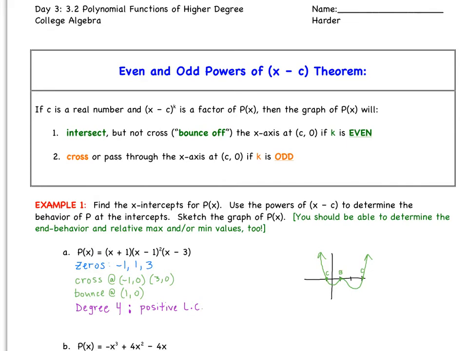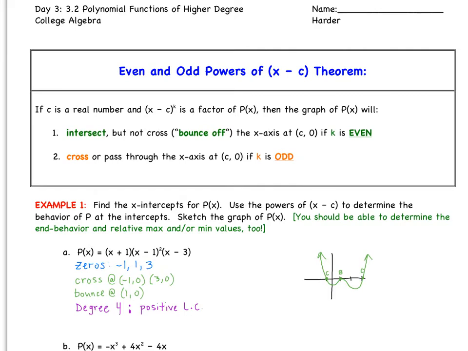So if we're looking at this first polynomial, what we should notice is we're in factored form. So we should be able to identify our zeros, or our x-intercepts, by setting each of these three factors equal to 0. So we get three zeros: -1 from this one, +1 from this one, and 3 from this third factor, x minus 3.